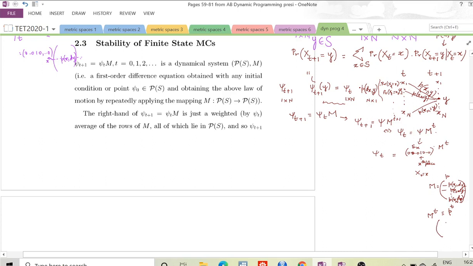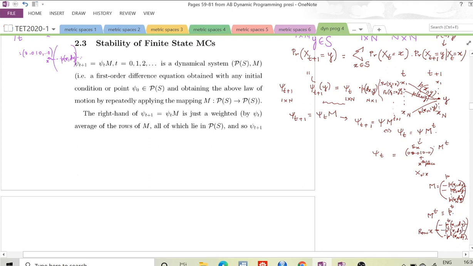So I can write the probabilities sitting in the different rows as p superscript t x1 dy, all the way to p superscript t xn dy, right? And if I have a specific row x, I can call this p superscript t x dy.